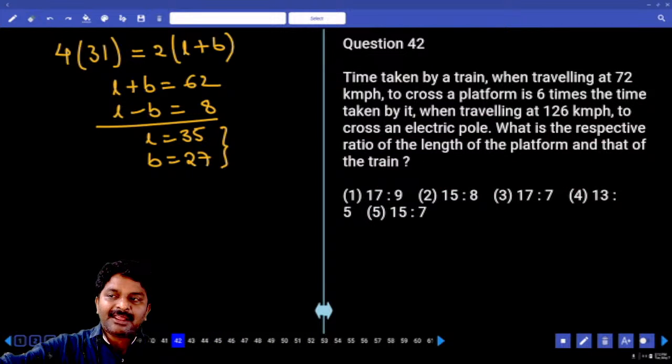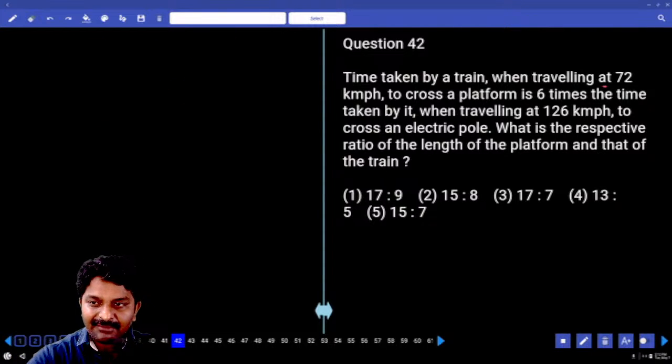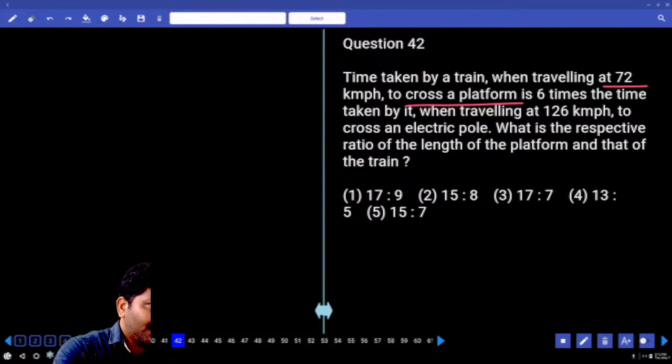Time taken by a train when traveling at 72 km per hour to cross a platform is 6 times the time taken by it when traveling at 126 km per hour to cross an electric pole. What is the respective ratio of the length of the platform and that of the train? First case, traveling with 72 kilometers per hour crosses a platform. So they are talking about time. Time means distance by speed.